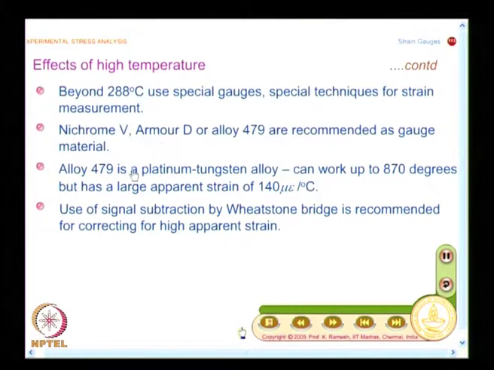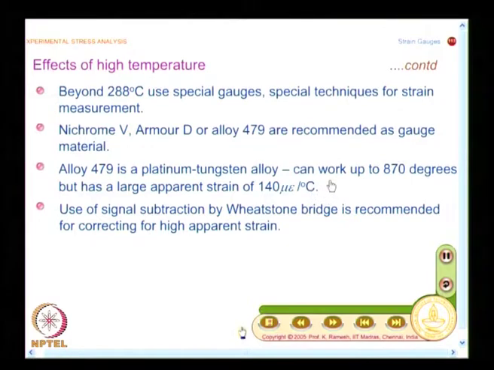And what is mentioned here is alloy 479, which is a platinum tungsten alloy, can work up to 870 degrees, but has a large apparent strain of 140 microstrain per degree centigrade. So, if you understand this, you can at least go back and correct it.